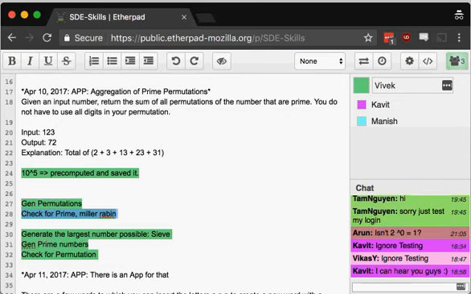Guys, a quick question. What is the sieve you were talking about? Can you explain, Kavit? Yeah, I'll explain in terms of coding only. Suppose I take i equal to 2. Now I know 2 is prime.